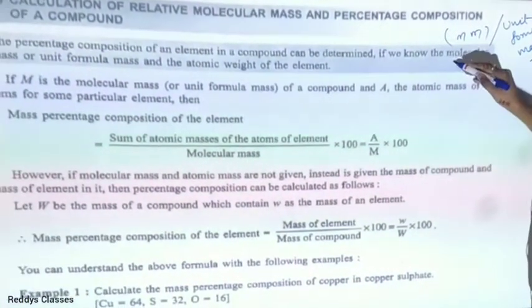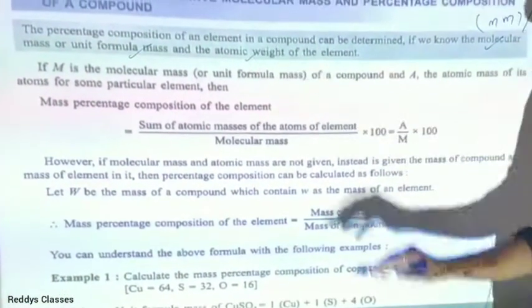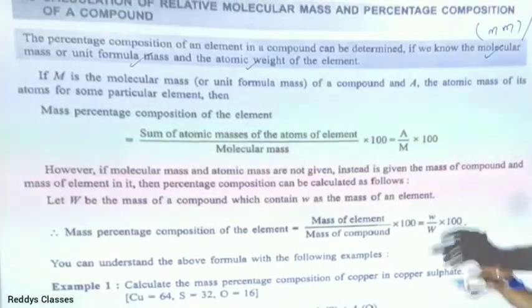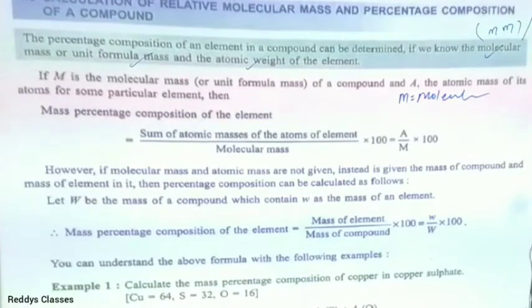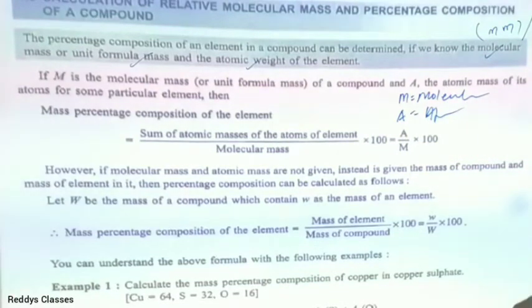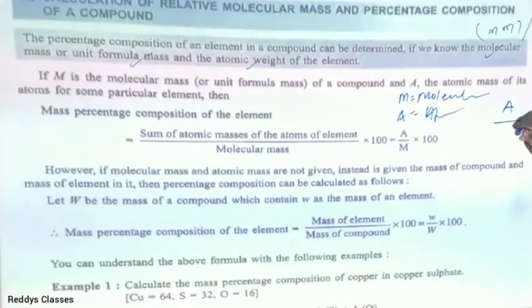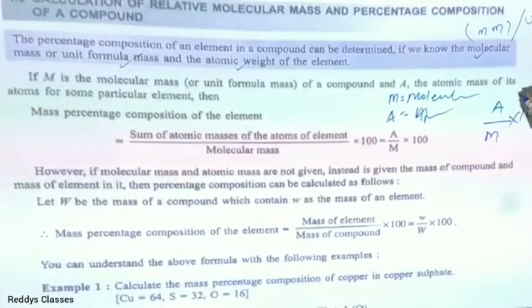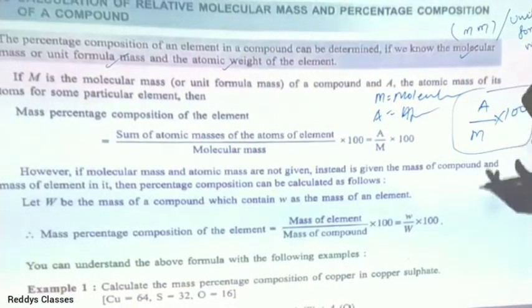M is the molecular mass or the unit formula mass of a compound, and A is the atomic mass. So we have the formula: sum of the atomic masses of the atoms of the element upon molecular mass, into 100. If there are more atoms, we have to add them up.